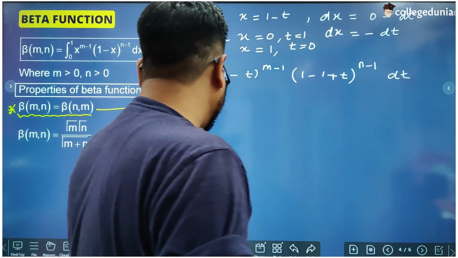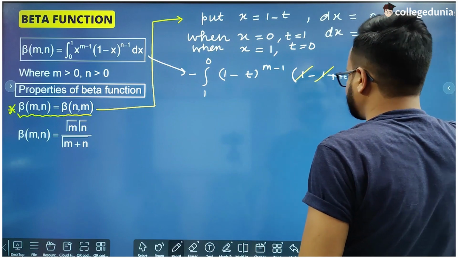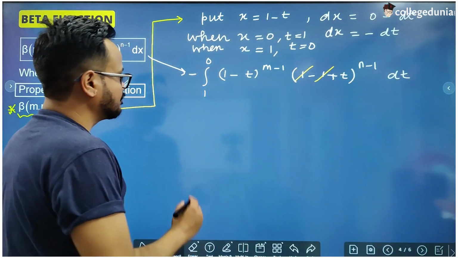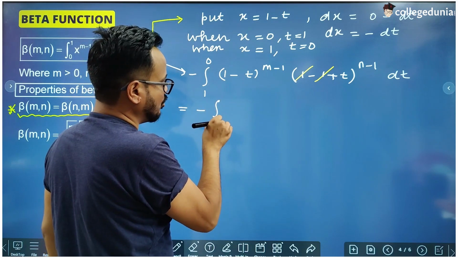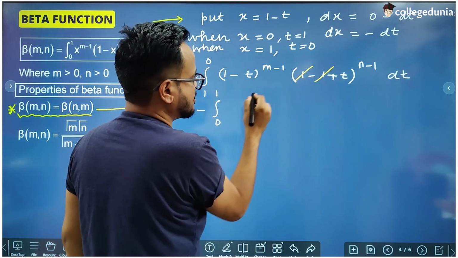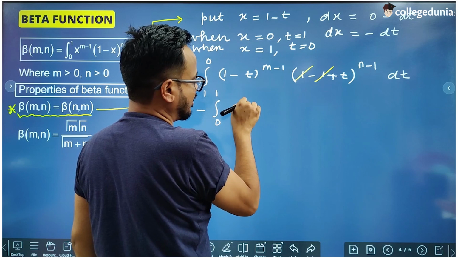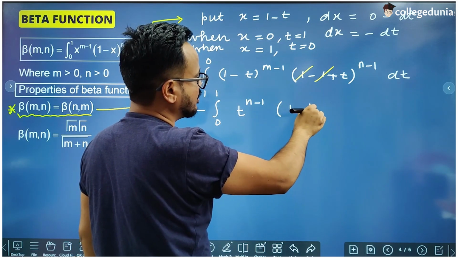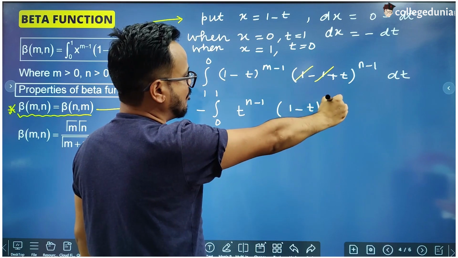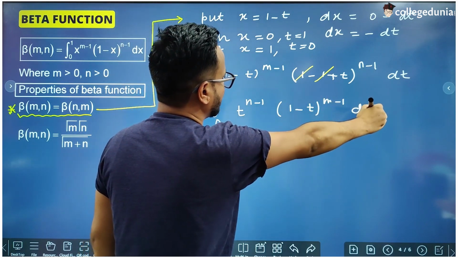Okay, 1 gets cancelled out, and it becomes minus, from 0 to 1. Now let's write this term first: t to the power n minus 1 into 1 minus t to the power m minus 1 into dt.